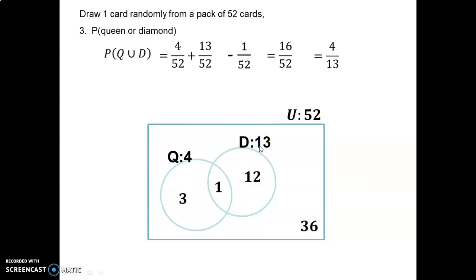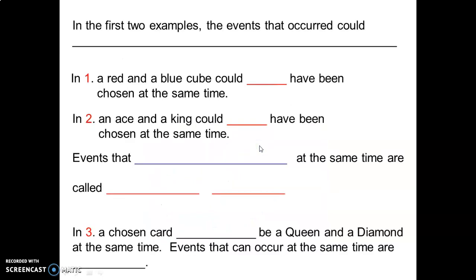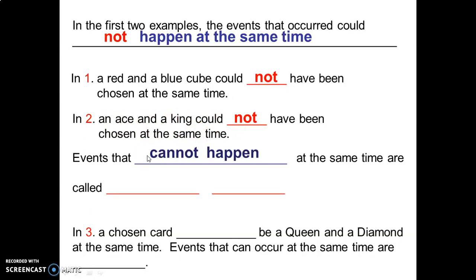Too much. All right, just to summarize some key vocabulary related to this, in the first two examples, the events that occurred could not happen at the same time. In number 1, a red and blue cube could not have been chosen at the same time. In number 2, an ace and a king could not have been chosen at the same time. Events such as those which cannot happen at the same time are called mutually exclusive.